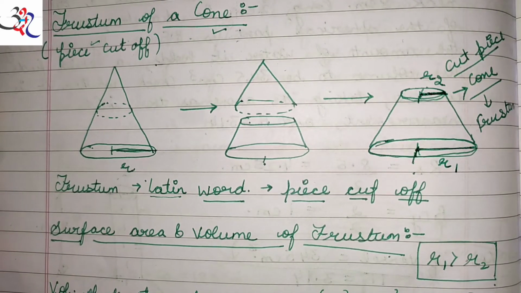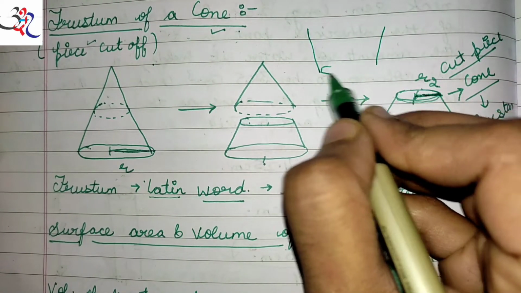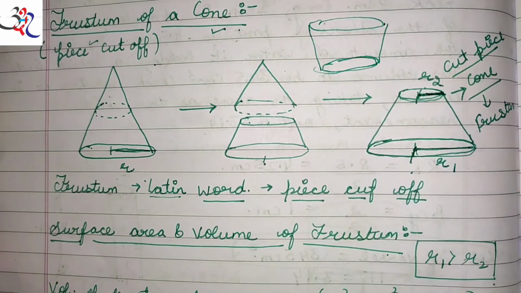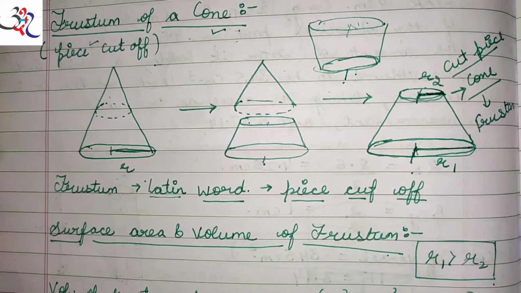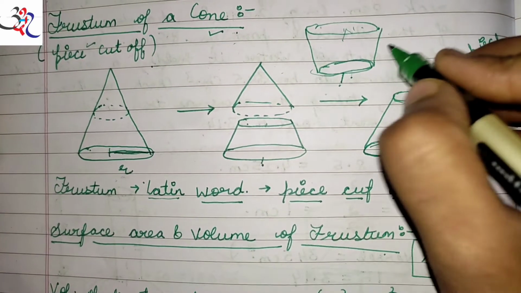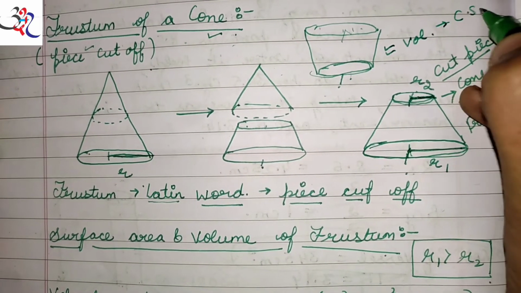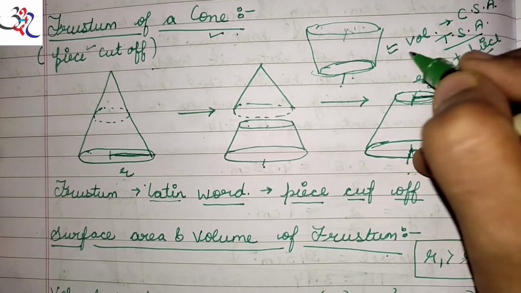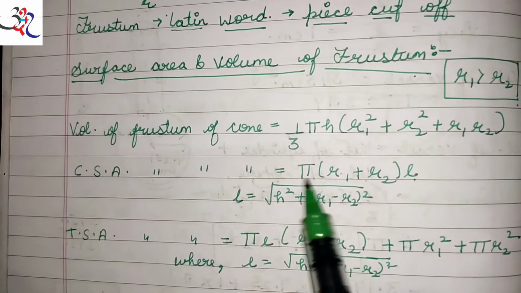One example of a frustum is the softy ice cream cone, and the second example is the metallic bucket we use in our home. The bucket has two radii, the bigger one and the smaller one. We are going to learn how to find the volume, the curved surface area and the total surface area of the bucket, which is in the shape of a frustum.